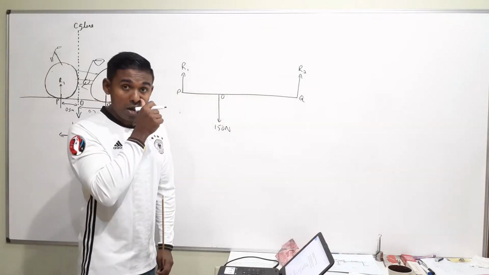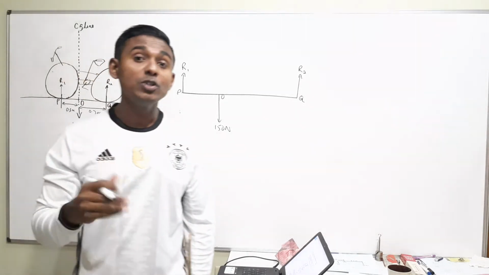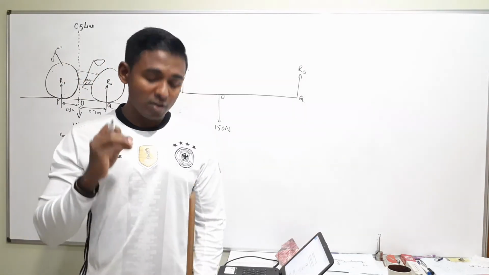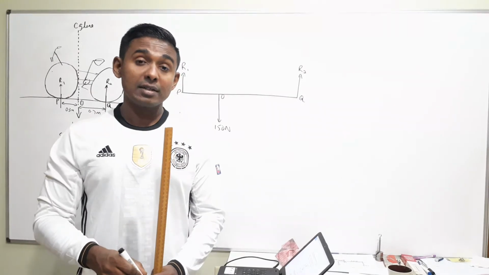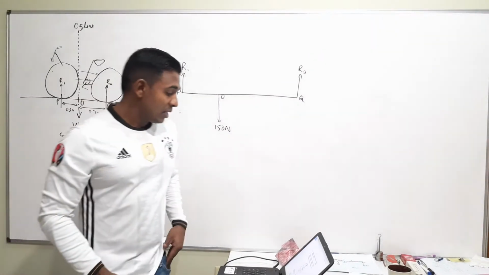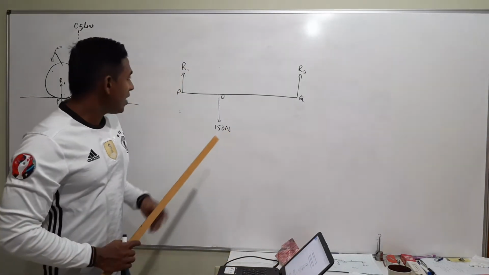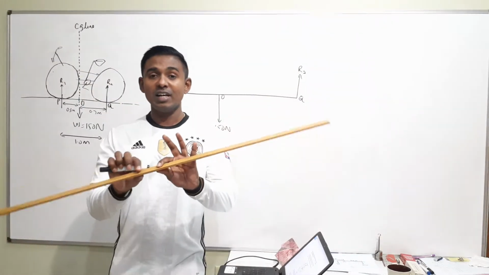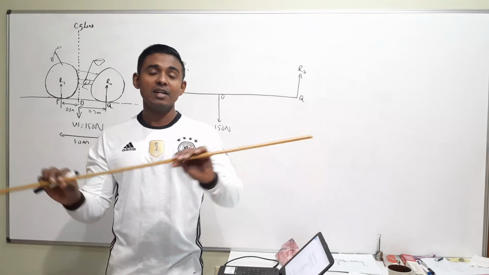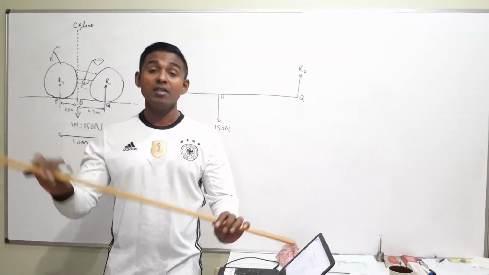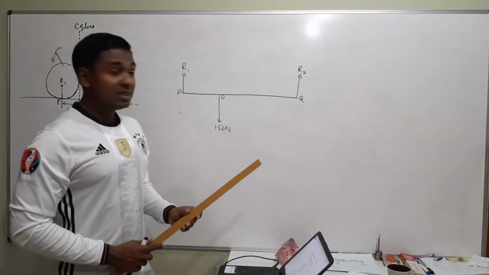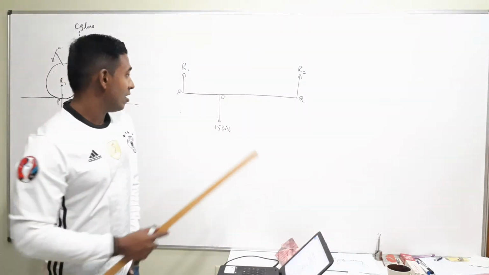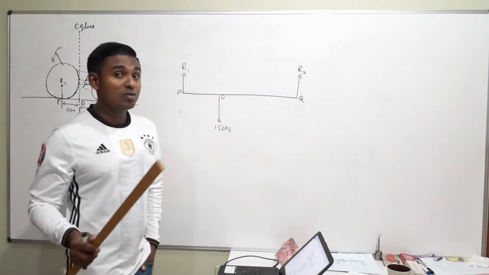And of course, the center of gravity is the point through which all the weight of an object seems to act. Alright? So we now have something looking like a seesaw here. And the seesaw is very easy to look at, and you can figure out which force is balancing the other.